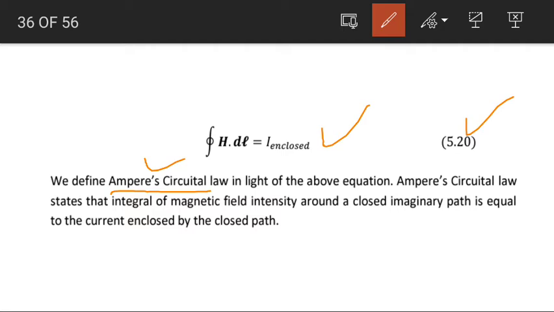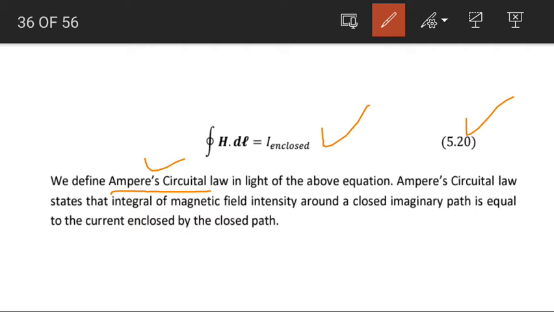This is a very important law. There are so many applications of this law. We can consider the current carrying conductor, which extends from minus infinity to plus infinity, and we can find out the magnetic field intensity which is caused by this conductor with the help of Ampere's circuital law.